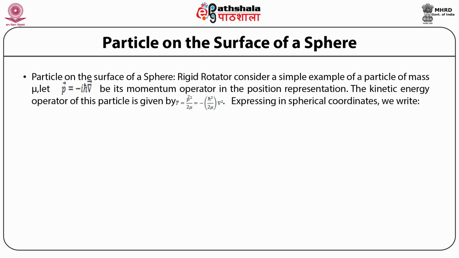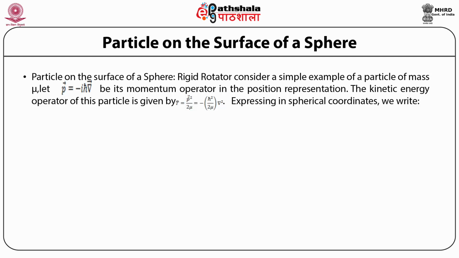In order to study the rigid rotator, let us consider a simple example of a particle of mass mu, and let the linear momentum operator be defined as minus i times h cross times del. That is, the momentum operator is defined by the above equation in the position representation or the Cartesian coordinate representation.